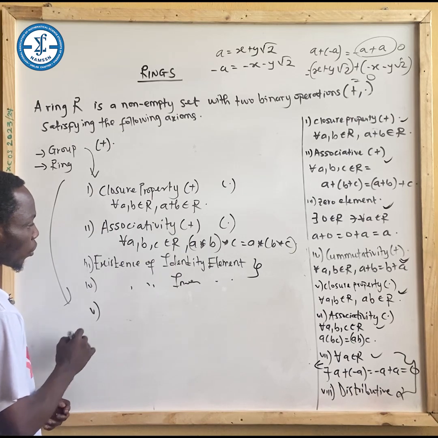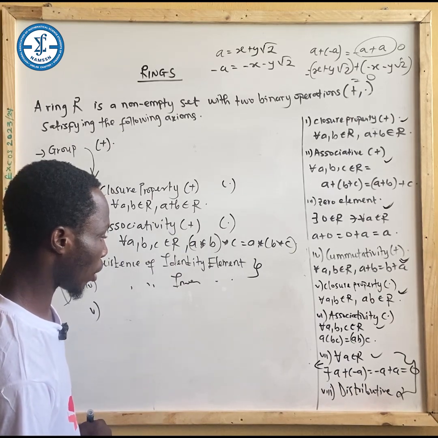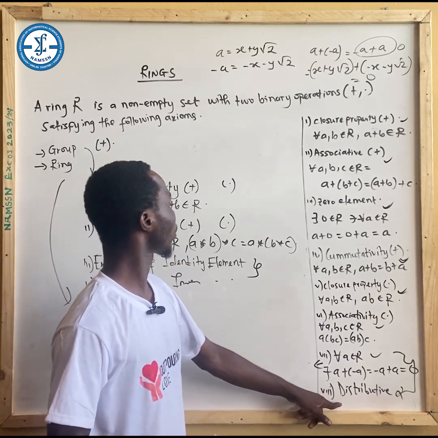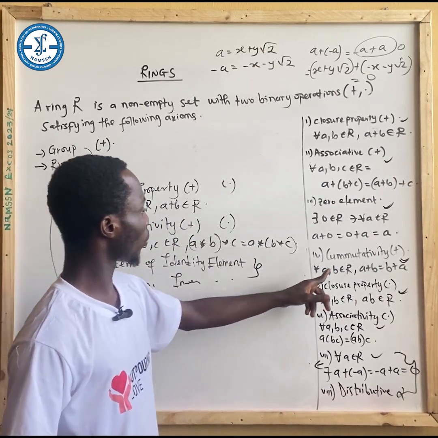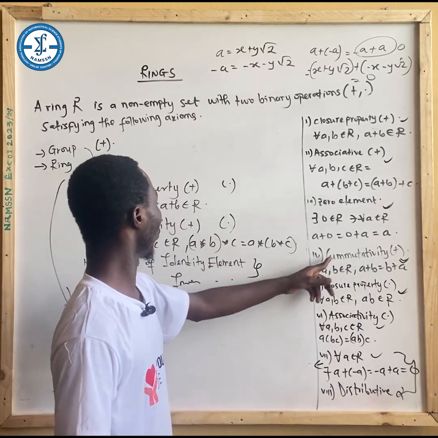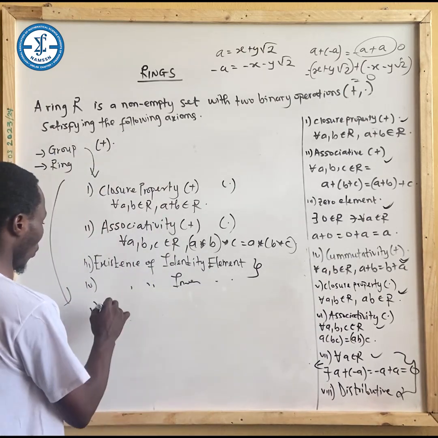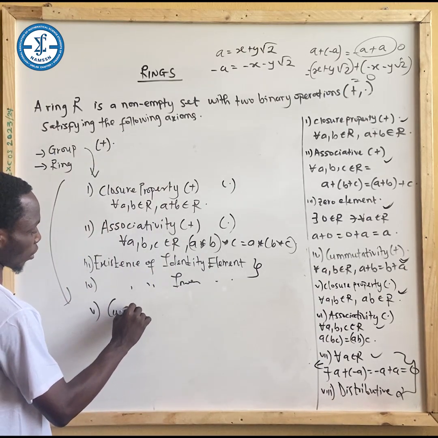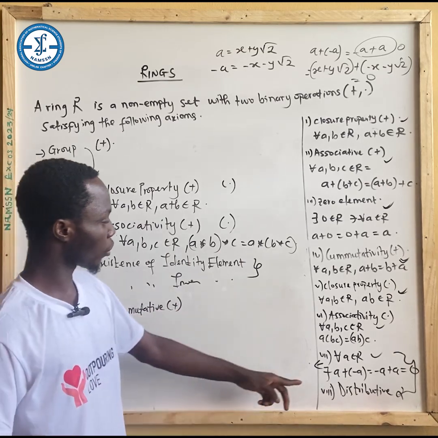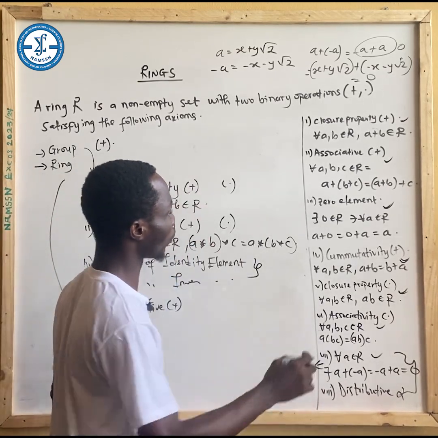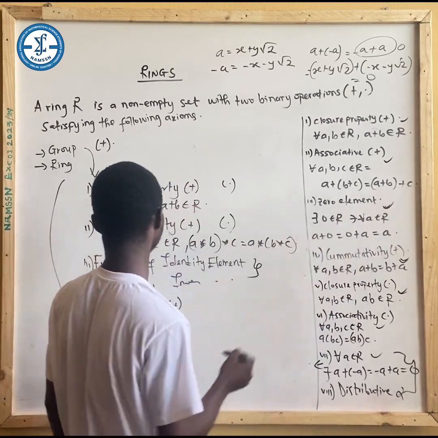Then we talked about distributive, addition and multiplication. We talked about commutative property under addition. We said something on distributive, and then we made mention of this zero element.